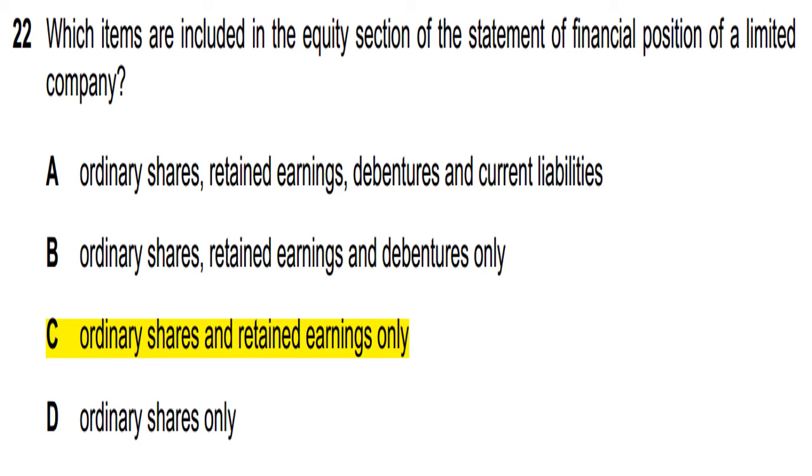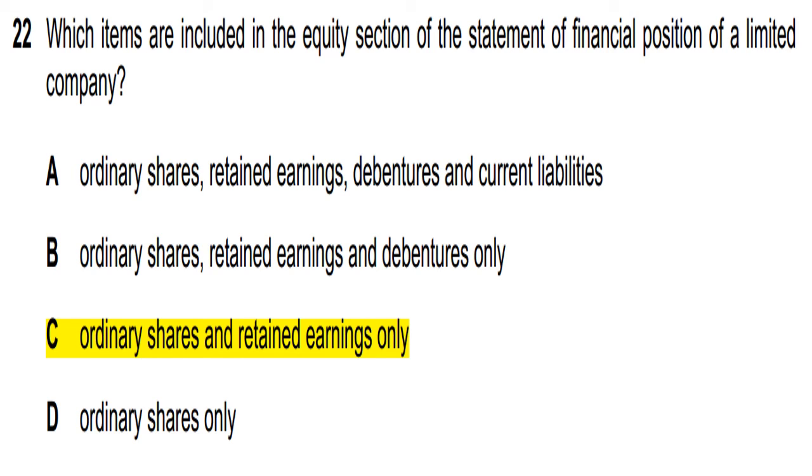And question 22: which items are included in the equity section of the statement of financial position of a limited company? C option, ordinary shares and retained earnings only, because in A option, ordinary shares, retained earnings, debentures, are not included in the equity section, and current liabilities are not included in the equity section.